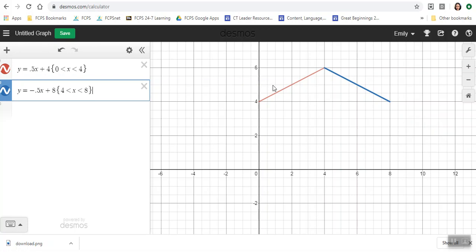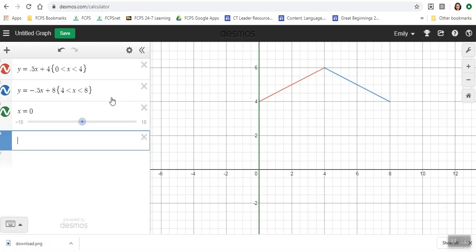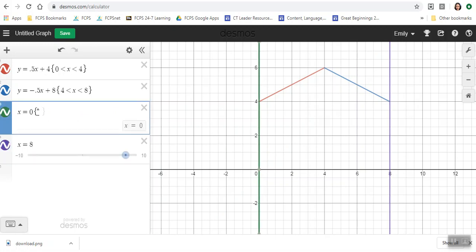All right, so now I'd like to make some vertical walls for my house here and here, and these are the lines where the x is always going to be 8 and the x is always going to be 0. The y's change. So to get a vertical line, you need x equals. And then for these lines, because my x is always one number, I'm going to actually talk about the range instead of the domain.